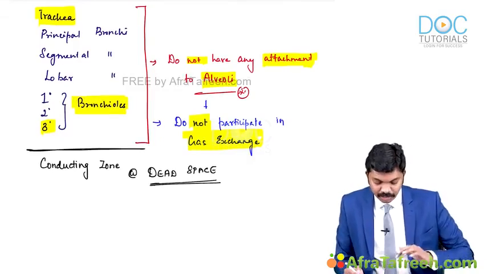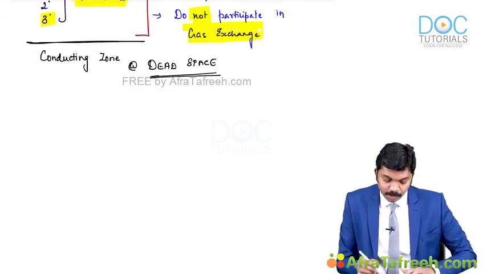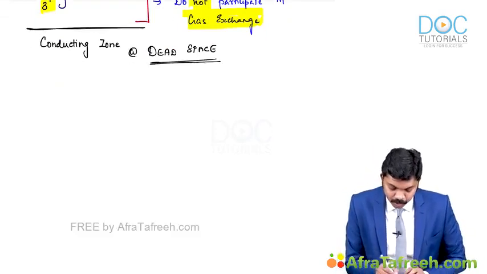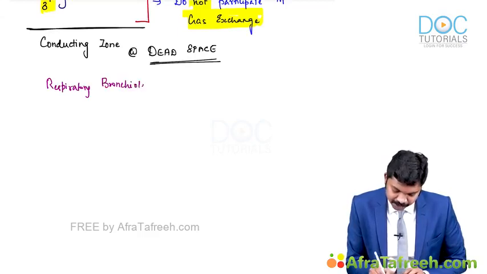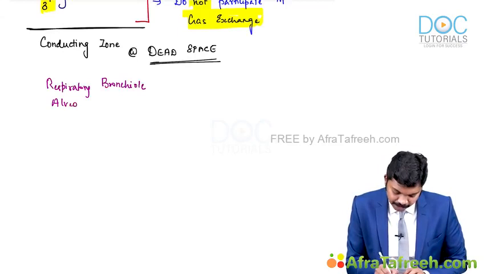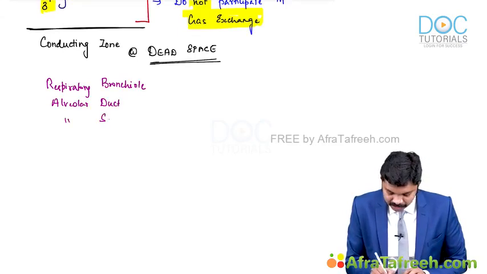This is how the conducting zone is present. When it comes to the respiratory bronchiole onwards, if at all it is present, we do have the alveolar duct and alveolar sacs, which consist of alveolus.